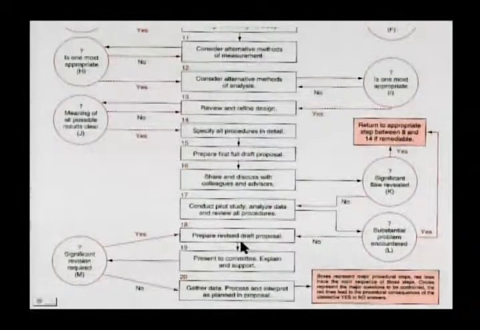You prepare the revised draft proposal. You present to your committee, explain and support. Come out, ask this question: significant revision required? Yes. You go back a step and cycle back through. If no, then you gather all your data, complete all your experiments, process and interpret as planned in the proposal.